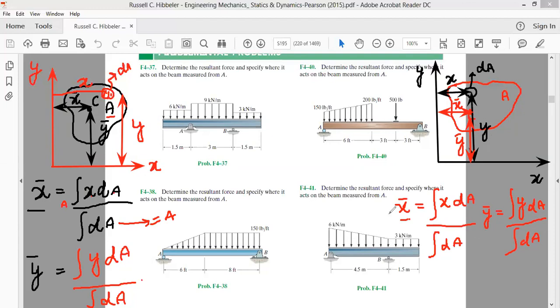Now let's apply these formulas on finding the centroid of some given geometrical figures.